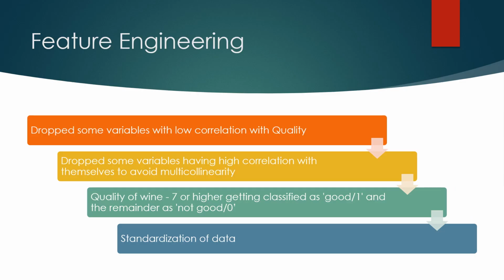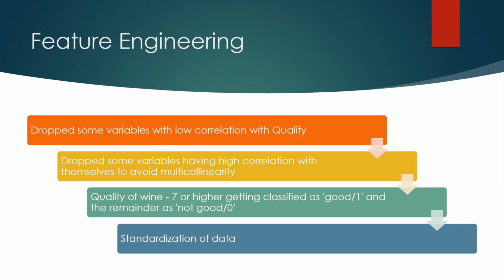After the exploratory analysis, now let us look at the feature engineering steps which have been performed on the data to prepare for the modeling. Some of the variables which showed very low correlation with the quality were dropped. Also some variables which showed very high correlation with one another were dropped to avoid the problem of multicollinearity.